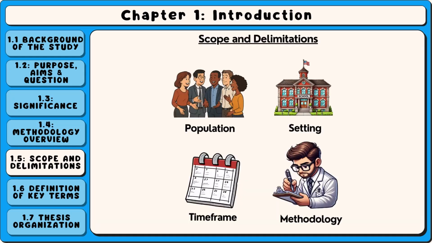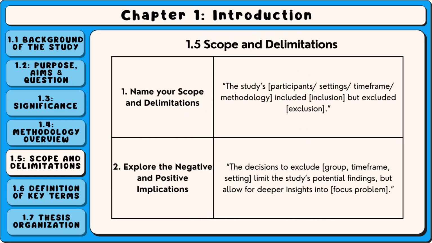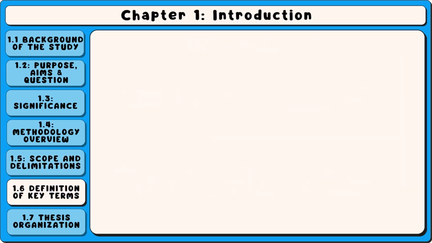You can repeat these steps for as many inclusion and exclusion criteria that you need to cover to define the scope of your study. To summarize, for section 1.5, you will have named your scope and delimitations and explored negative and positive implications for these decisions. Let's move on to section 1.6, which covers your definition of key terms.